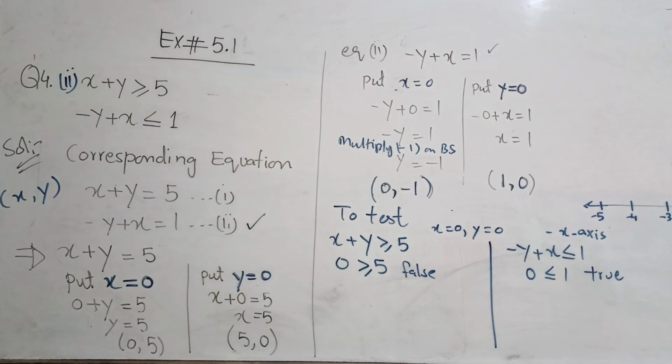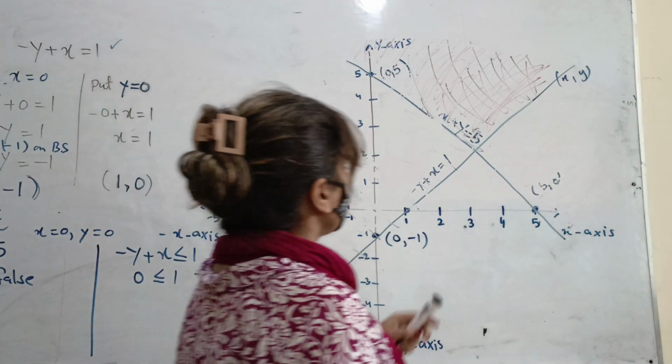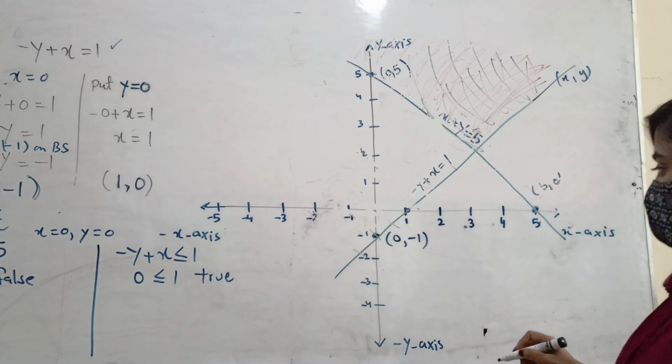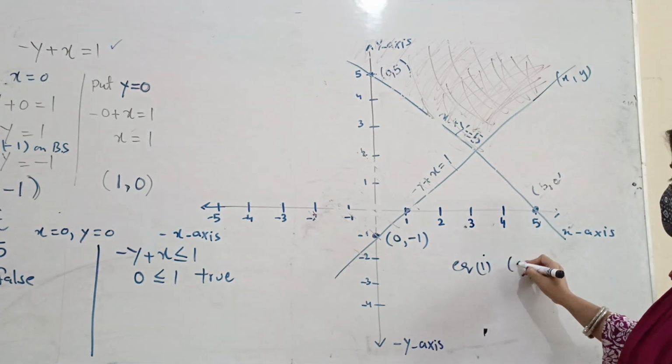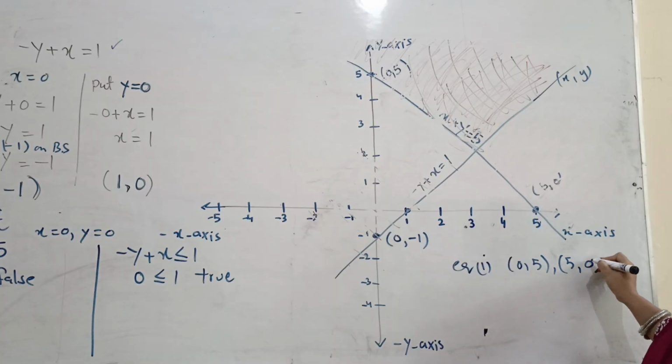So I have drawn the graph over here. First, for equation 1, the coordinates were (0, 5) and (5, 0).